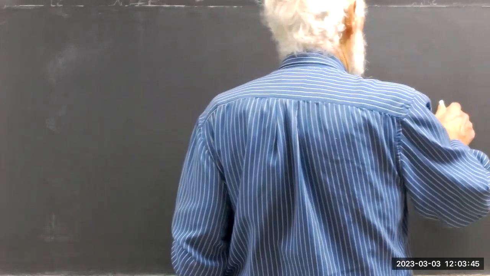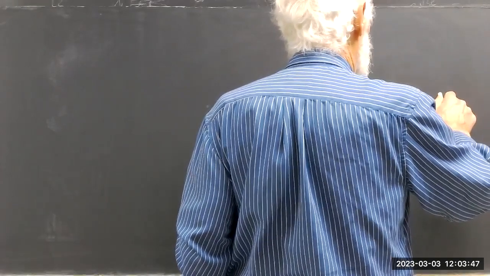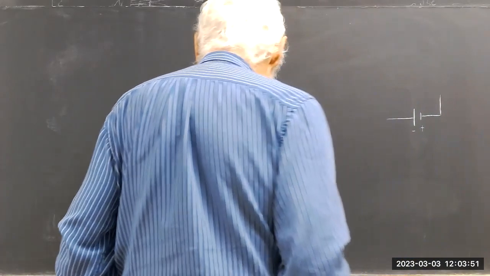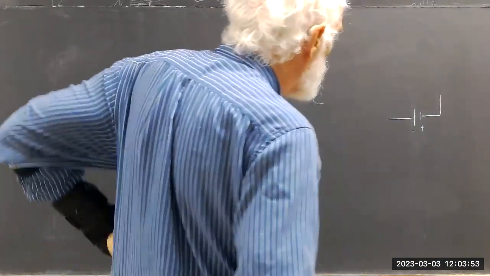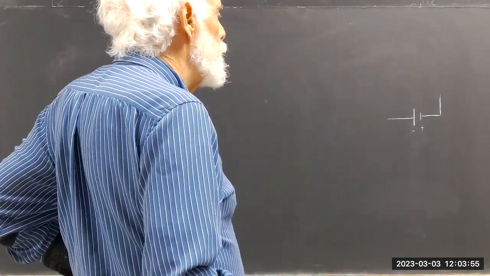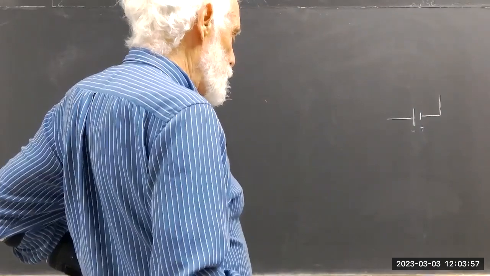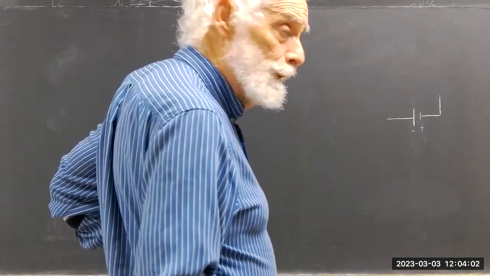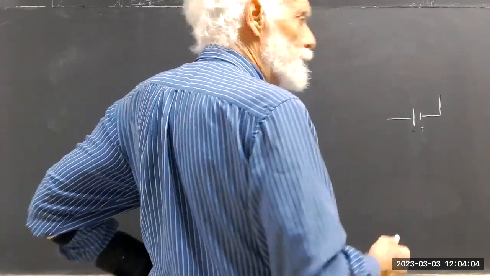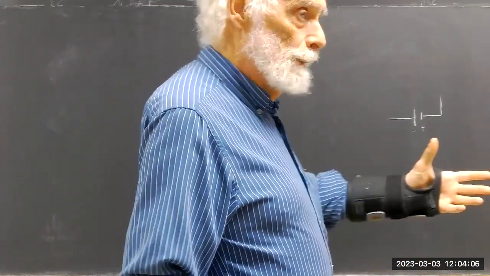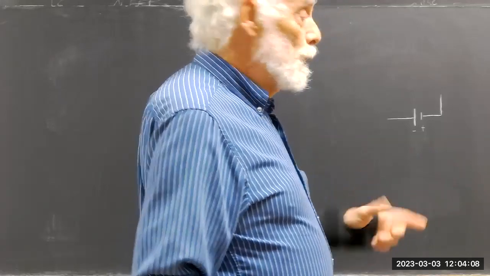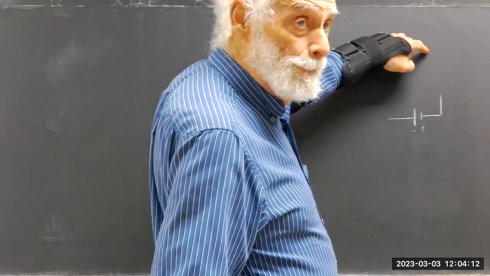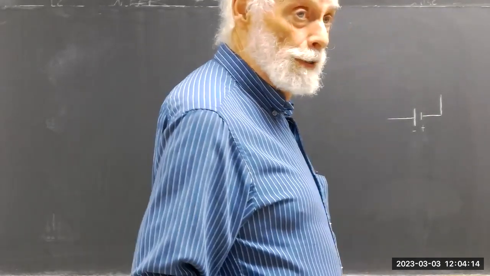Then if we come up here, I don't have a good way to depict this. Because our standard symbol for resistance looks the same no matter what the resistance. We just label it with the resistance. What we've got is one piece of nichrome wire here, and then another piece of nichrome wire here.